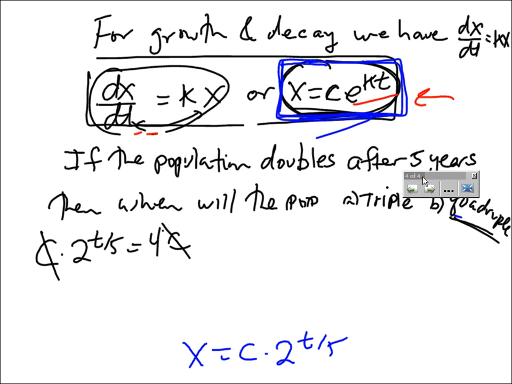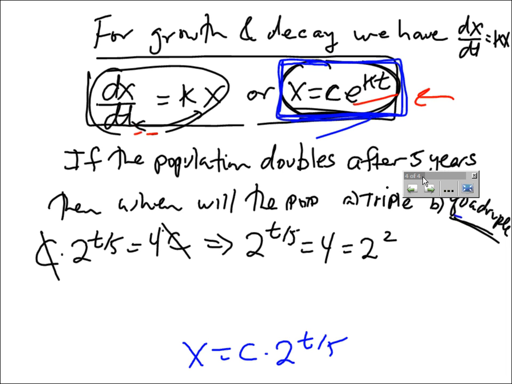This is really interesting. Things will quadruple in the same time, whether you start off with a little or you start off with a lot. So 2 to the t over 5 is equal to 4. Now you can do logs, but I wouldn't. I would say that 4 is 2 squared.